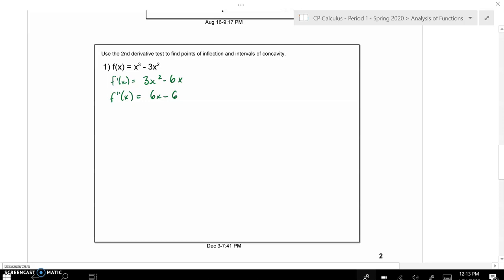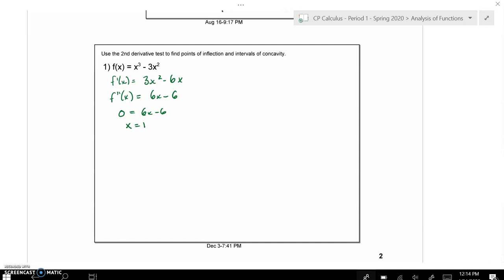We are going to set that equal to 0, and that is going to be our point of inflection. Solving for that point will give us our point of inflection. So when I solve here, set this equal to 0, my x is equal to 1 and represents my point of inflection.